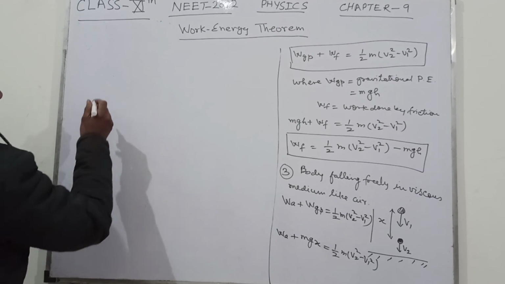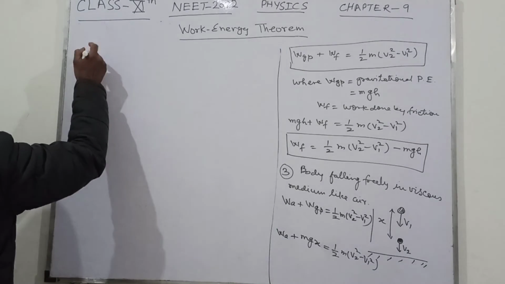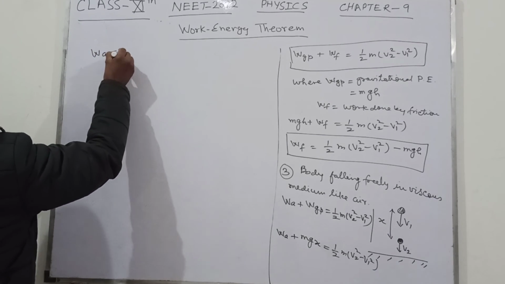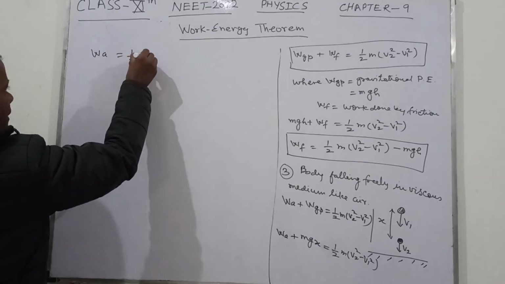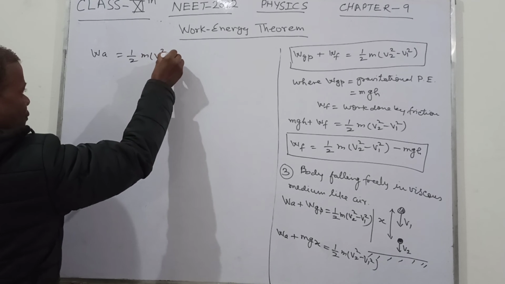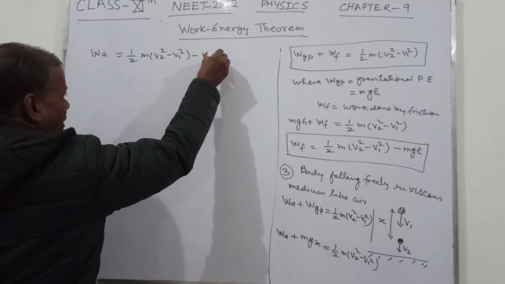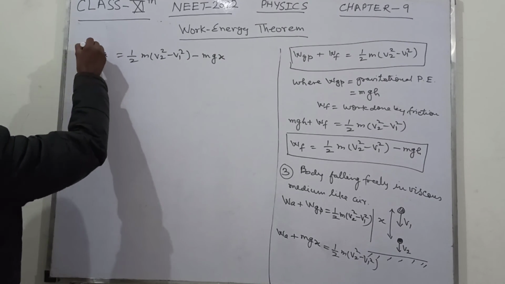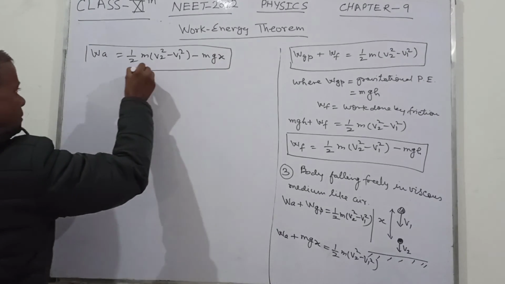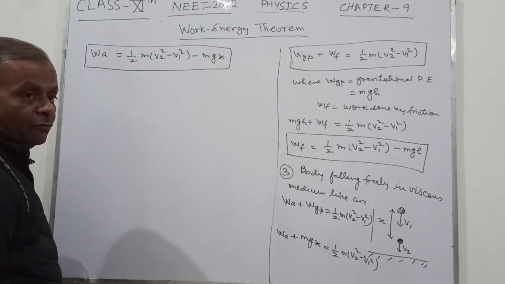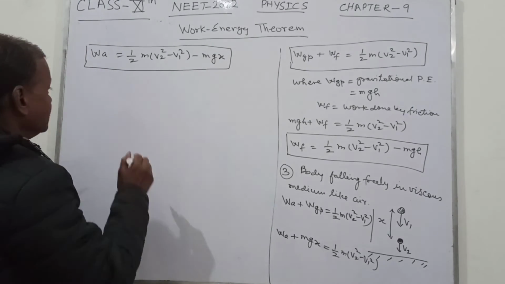So we have WA equal to half m (v2 square minus v1 square) minus mgx. This is the work done by the air friction.